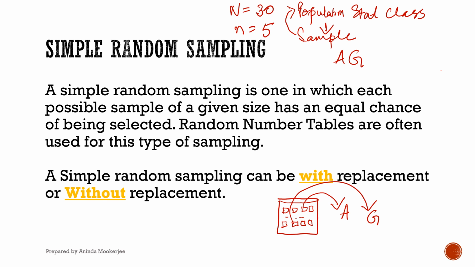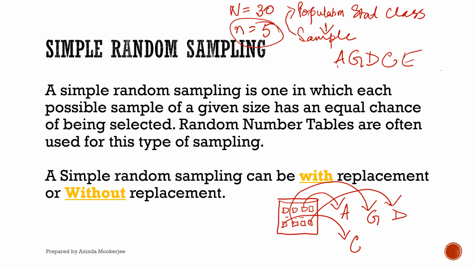Then maybe a third time, another name, David, is picked. So David is the third person in my sample. And then let's say Christine is picked. Christine is part of the sample, and I said my sample size should be 5, so we need another name to be picked, and let's say this time it is Elizabeth.